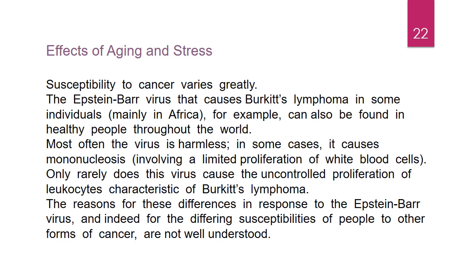In some cases, it causes mononucleosis, meaning a limited proliferation of white blood cells. Only rarely does this virus cause the uncontrolled proliferation of leukocytes characteristic of Burkitt's lymphoma. The reasons for these differences in response to the Epstein-Barr virus, and indeed for the differing susceptibilities of people to other forms of cancer, are not well understood.